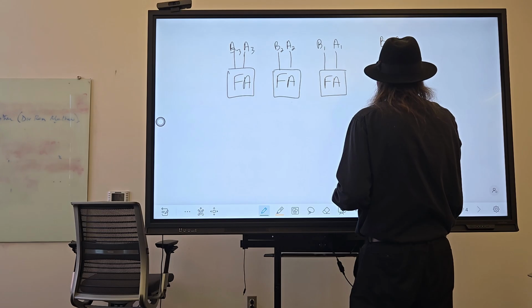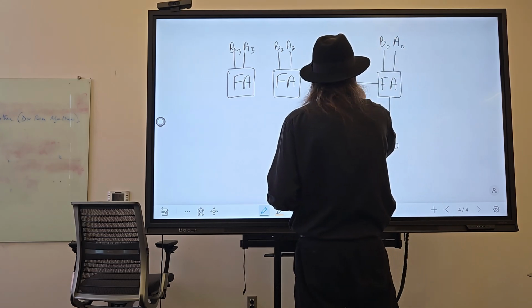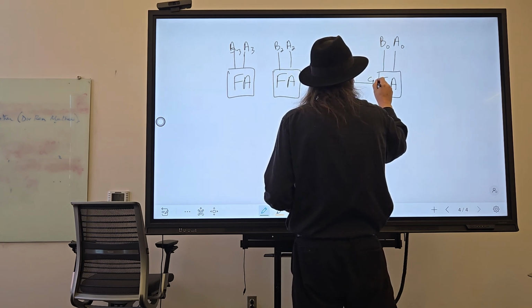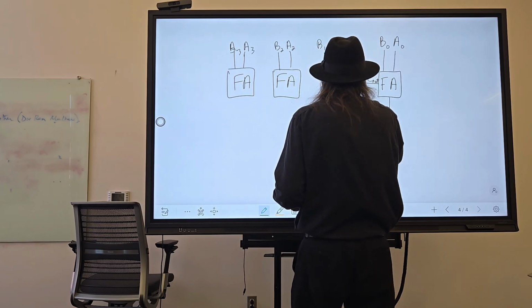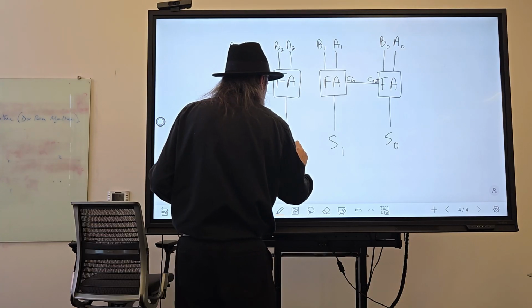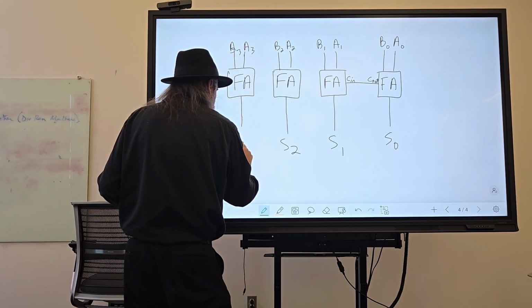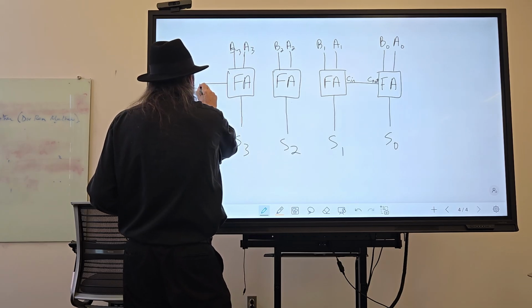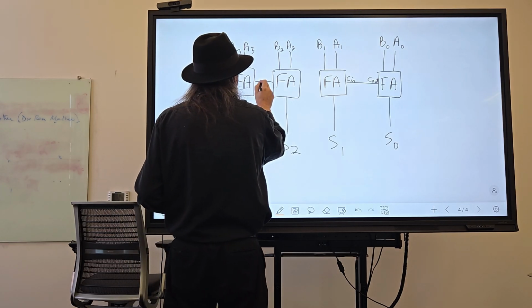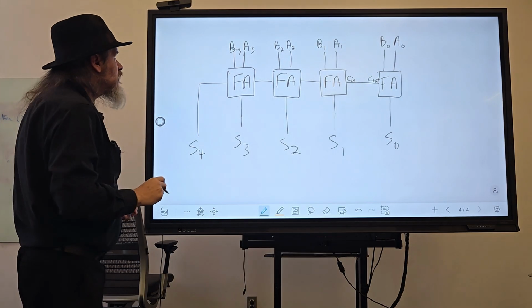But your S0, carry out to carry C in, C out. And yeah, this is a ripple adder.